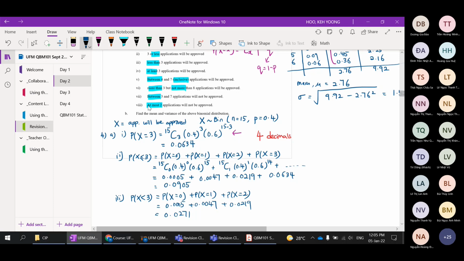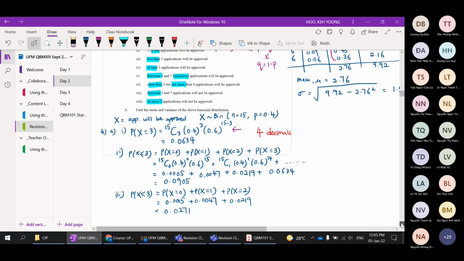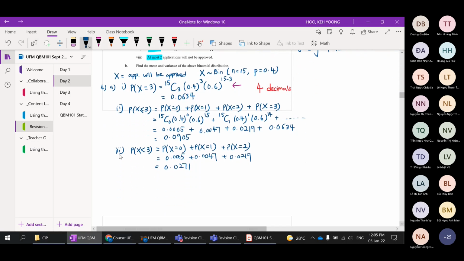Question 4 is at least 3, so the symbol we use will be more than or equal to 3. Here the x value could be 3, 4, 5, 6, 7, 8, 9, 10, 11, 12, 13, 14, 15, up to 15 because your sample size is 15.